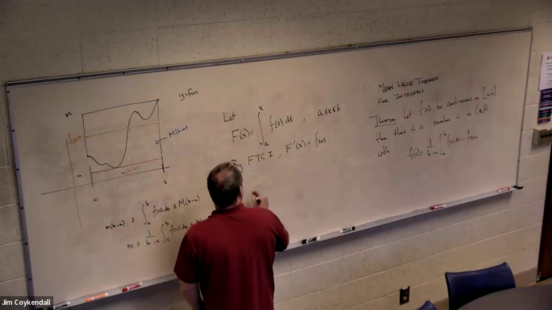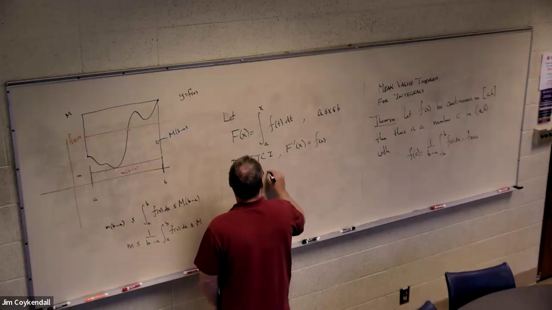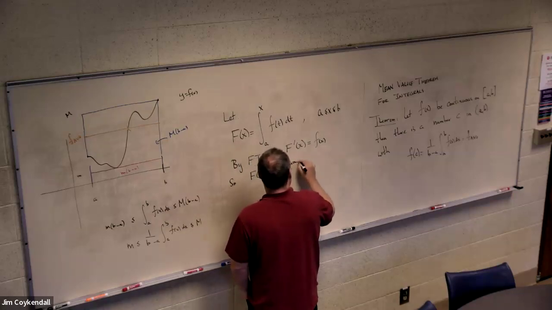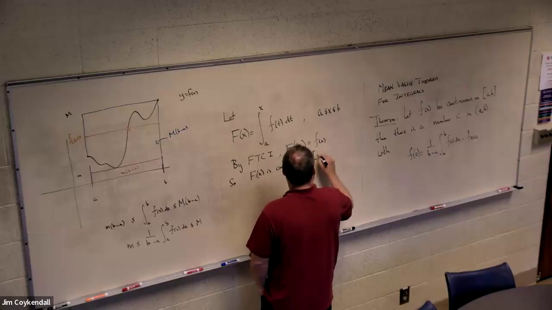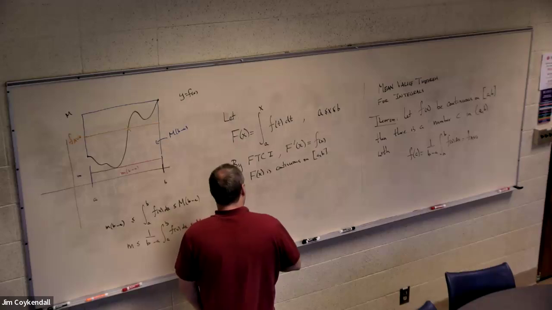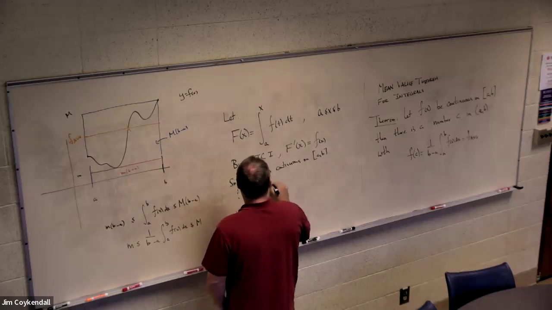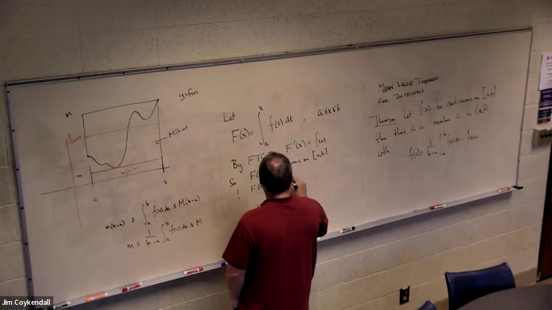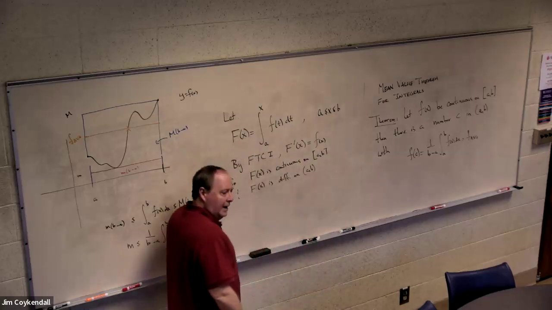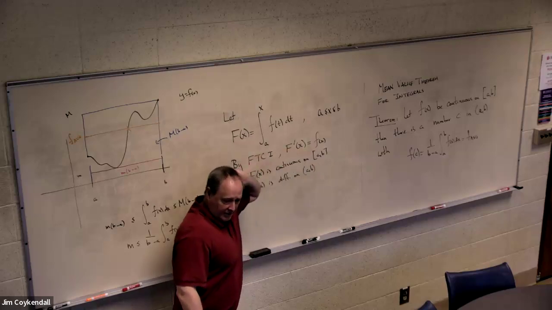So in particular, we observe that F of x is continuous on the interval from a to b, and F of x is differentiable on the open interval (a, b). I know it's differentiable because its derivative is right there.